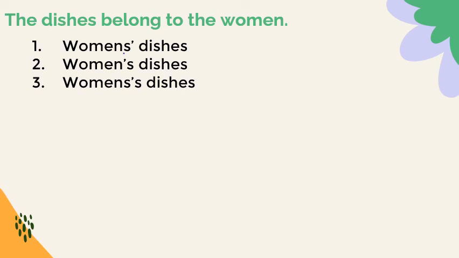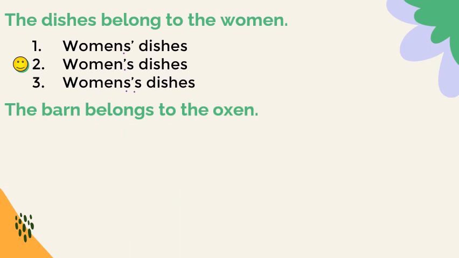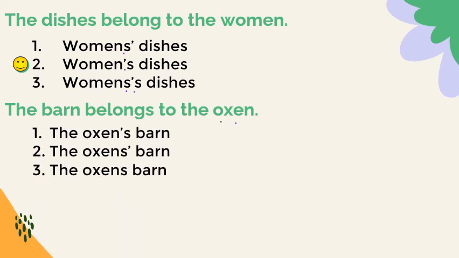S apostrophe, apostrophe S. I add S and then apostrophe S. The right answer is number 2, apostrophe, then S. The barn belongs to the oxen. Oxen, this is also an irregular plural. So how do I put it in possessive? Do I say oxen's barn, apostrophe S, S apostrophe, or only S? The right answer is apostrophe S.